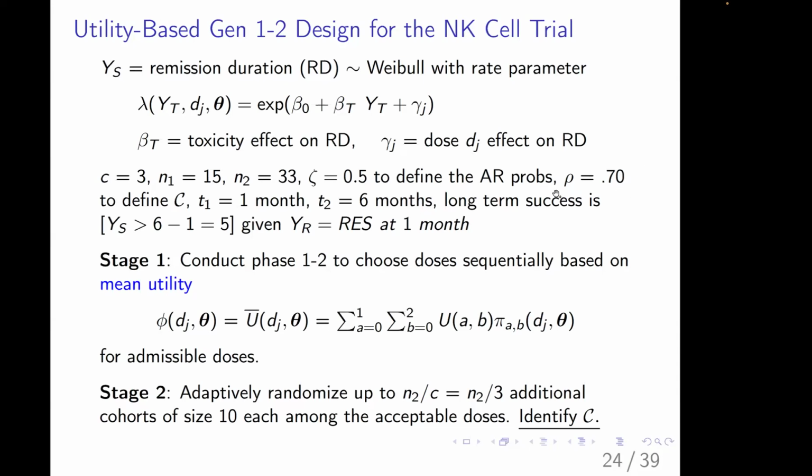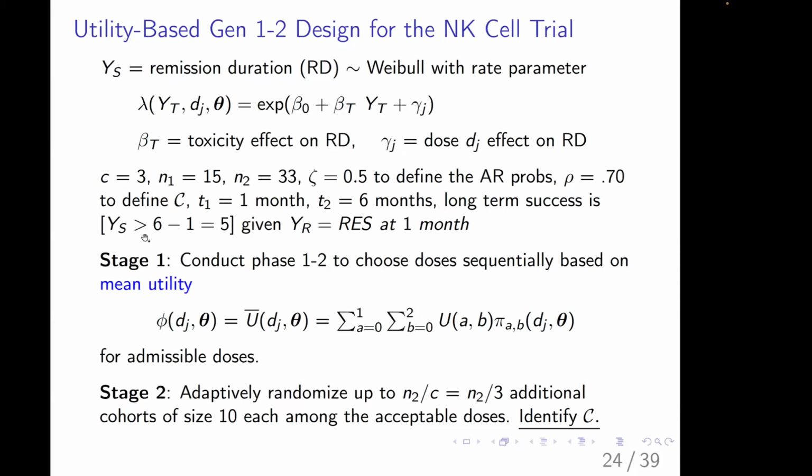Now, our rho of 0.7 says that to be in the candidate dose set, your estimated short-term criterion has got to be at least 0.7 times the maximum value. That gets you your candidate set. The short-term follow-up is a month. The long-term follow-up is 6 months, which is very, very common. The long-term success is the event that the long-term remission duration is at least 5.